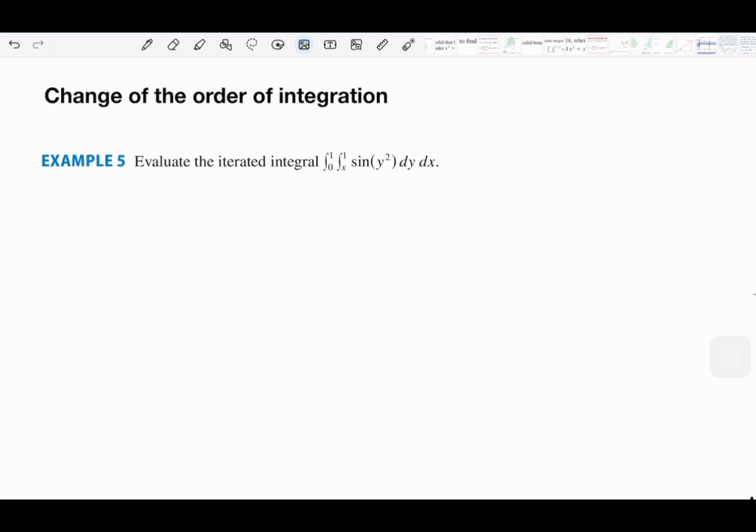So then how do we change the order? Because if we change this dy and dx, there will be some problem in the endpoint. If it is a constant, it's no problem. We can use the Fubini theorem, no problem for dy dx if we change the order.